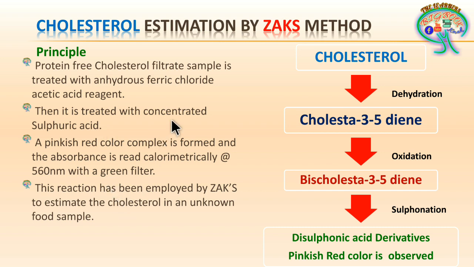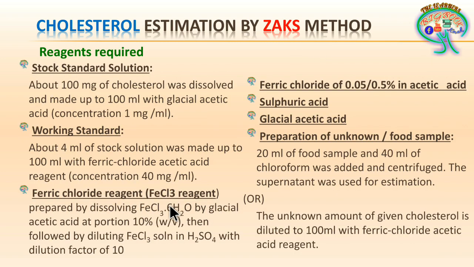We are not using any enzymes or other biochemicals. It is completely a chemical reaction, where we measure the presence of cholesterol within the sample. Now the reagents required are as follows.